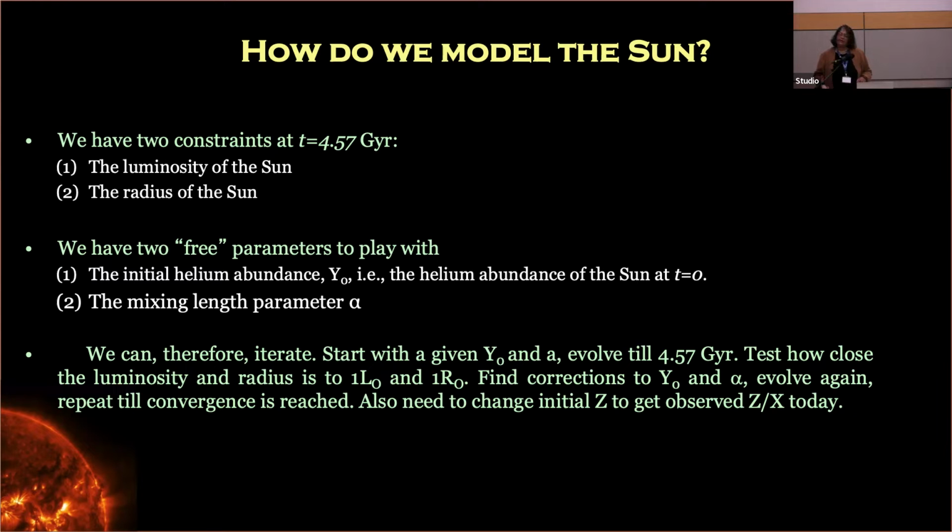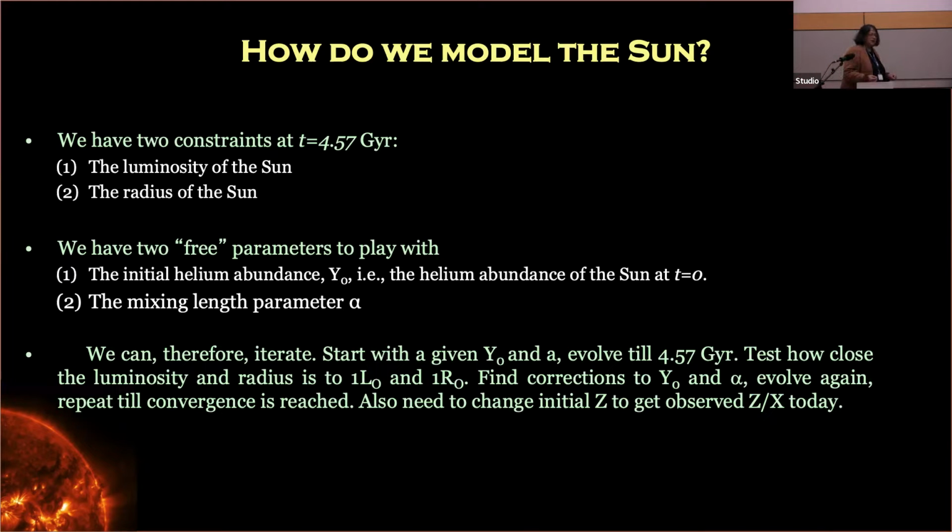It's a completely fudge parameter because we can't treat convection properly in 1D, okay? We call it the mixing length parameter. So you have two constraints, luminosity and radius, and two unknowns, the initial helium abundance and the mixing length parameter. Well, two equations and two unknowns, you can solve it. It has to be done iteratively because it's a non-linear set of equations, but we can make a model.